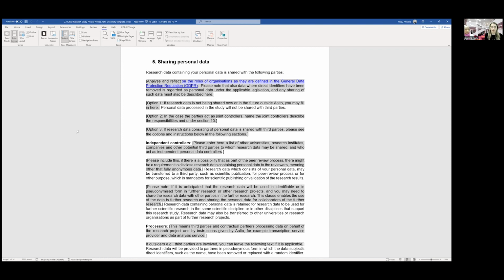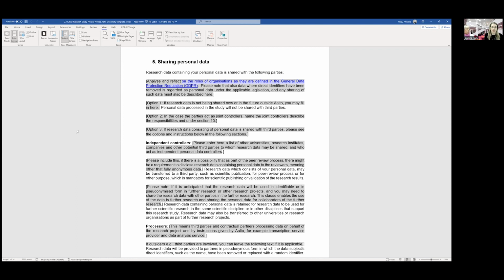The second thing that is really important to remember when you start filling this in is that pseudonymized data is also regarded as personal data. What we hear really often is that when researchers are transferring the data to their collaborators in some other university, they say, well, I'm only transferring the pseudonymized data.